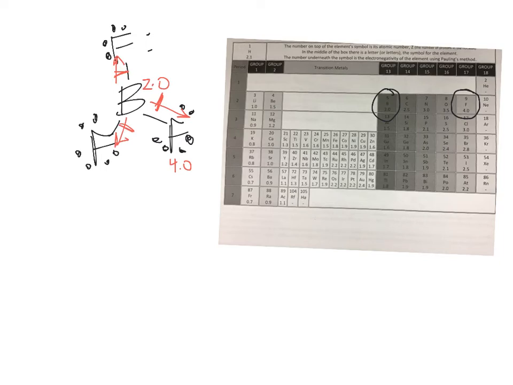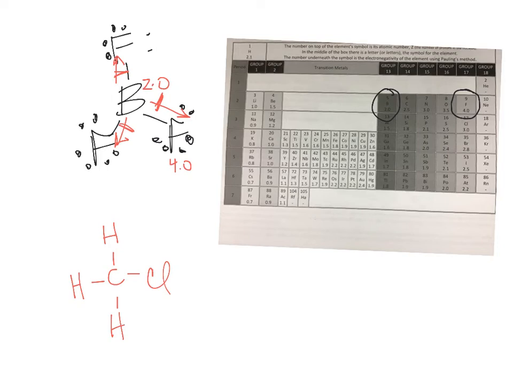So now if you happen to have something like this, okay, I'm sorry I didn't switch colors, but let's say you had this, you would have to look at both the carbon-hydrogen bond and the carbon-chlorine bond.